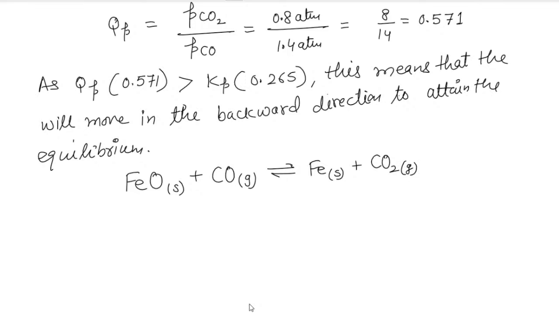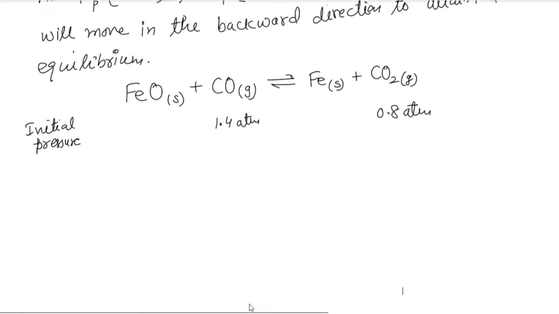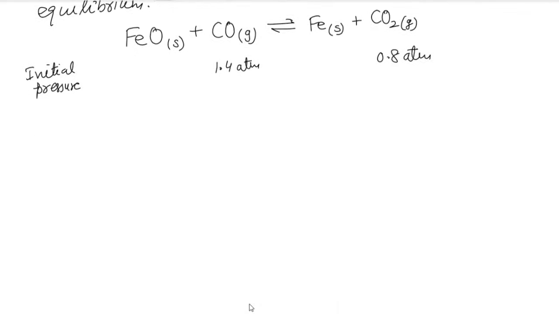So the initial pressure is 1.4 atmosphere and 0.8 atmosphere. In the first step, we have determined that the reaction will go in the backward direction.